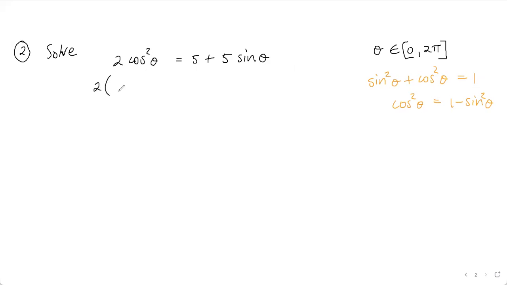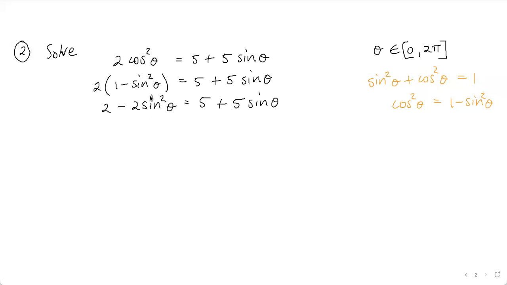So I'll have in brackets 1 minus sine squared theta is equal to 5 plus 5 sine theta. Now I just want to expand the brackets, and then I'm going to get everything over one side and equate to 0.